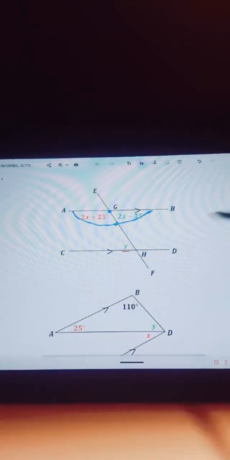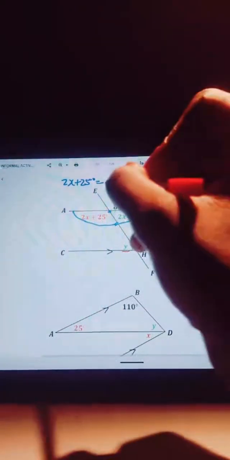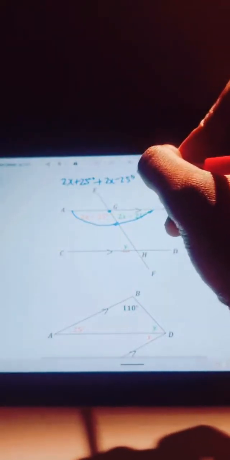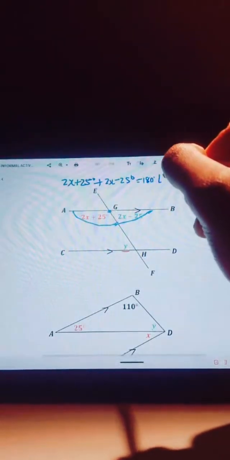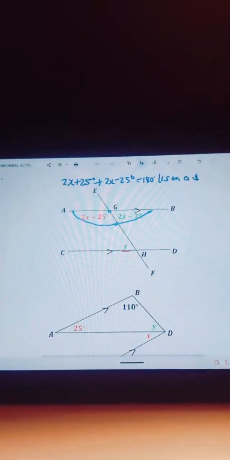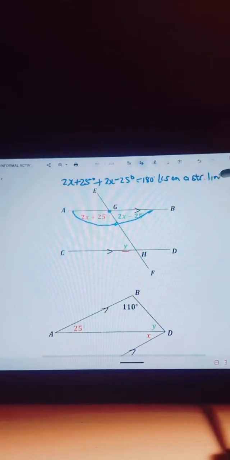Okay, so let's go ahead. Indeed, I like it. 2x plus 25 degrees plus 2x minus 25 degrees is equal to 180. Reason: angles on a straight line.